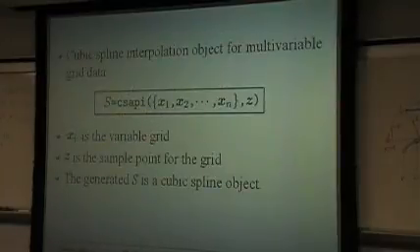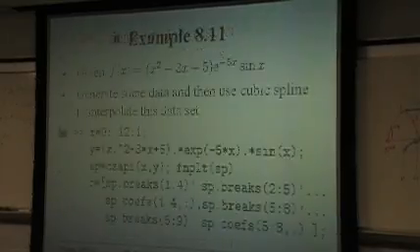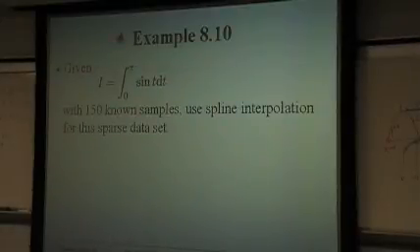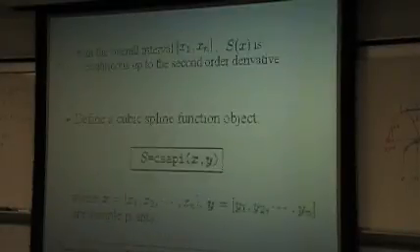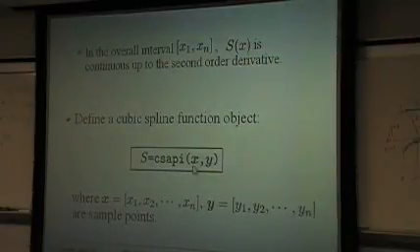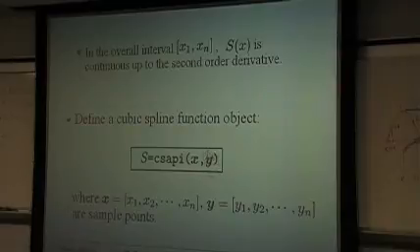And the spline objects are also usable for multi-dimensional interpolation problems. For instance, if you are using a cubic spline, you can use a CSAPI to find one-dimensional spline approximation.